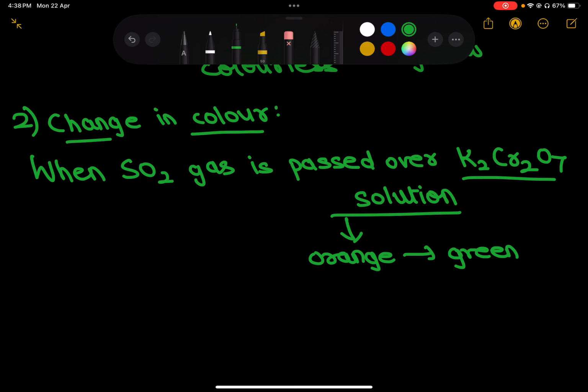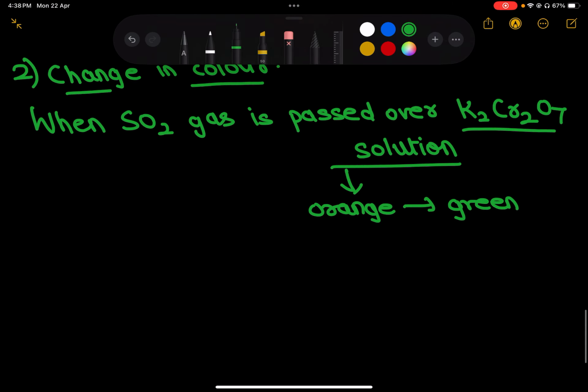It is very instantaneous, and this change in color indicates that a chemical reaction has taken place.